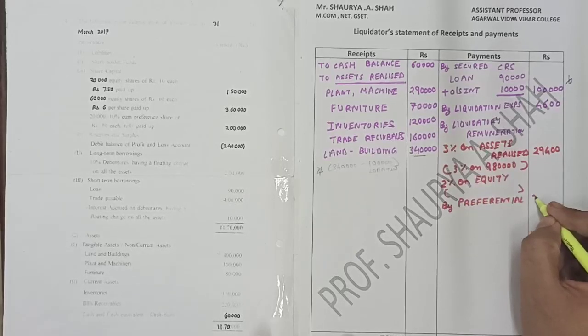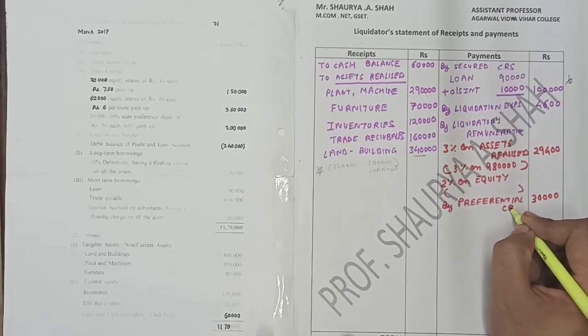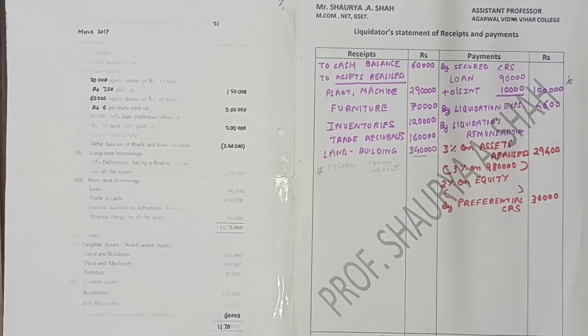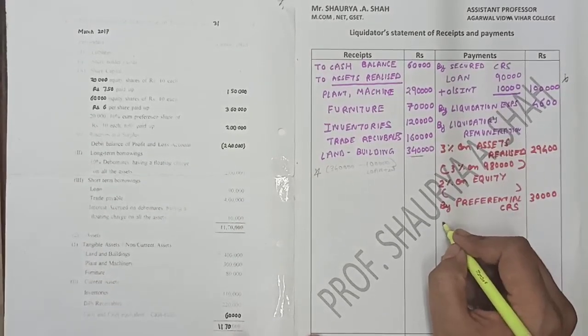So by preferential creditors I can say the amount is 30,000 rupees. Preferential creditors amount is 30,000, right? After you pay to preferential creditors, you need to pay to debenture holders, right? So what we will do is by debenture holders.